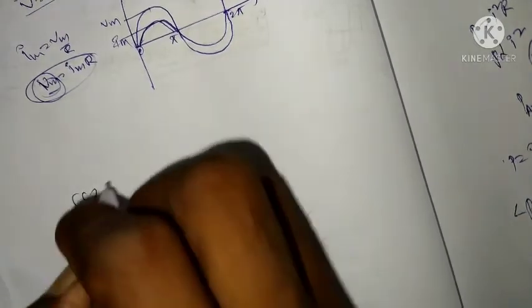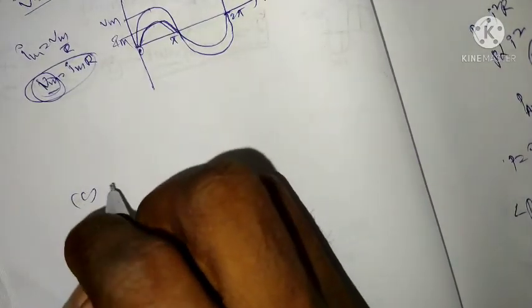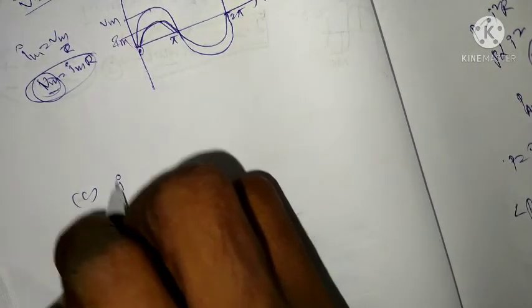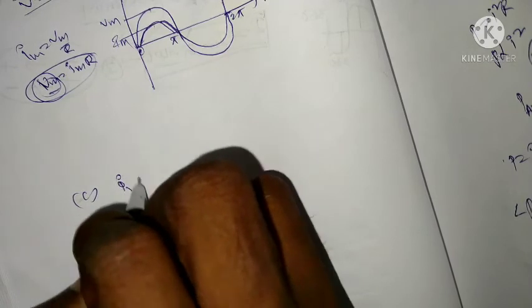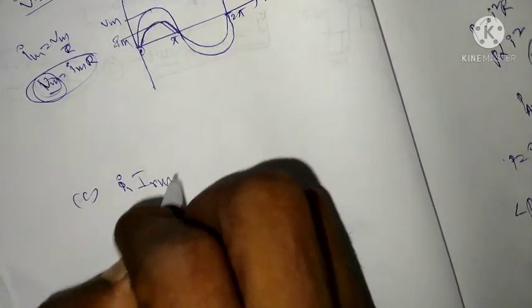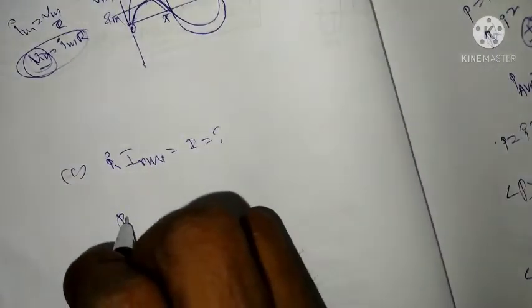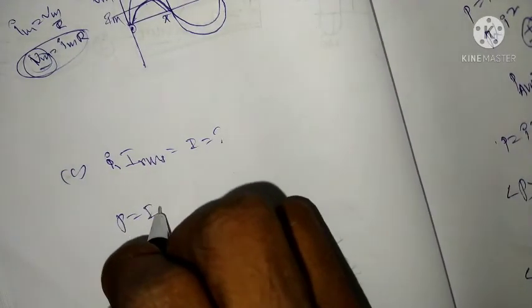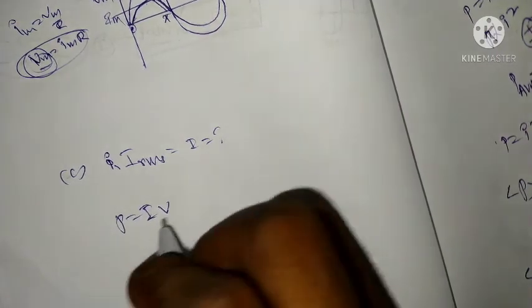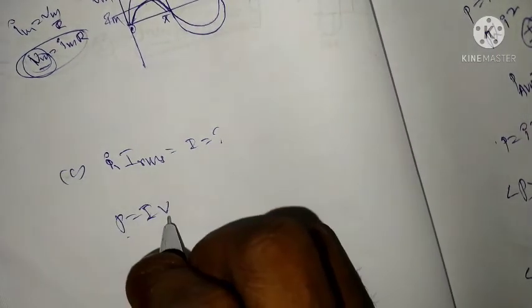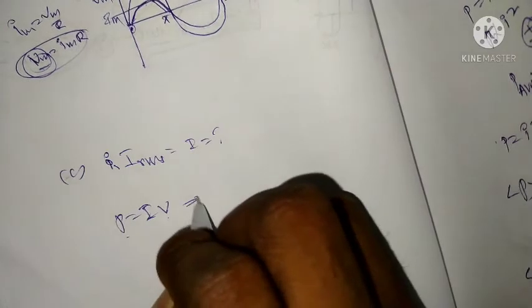Next, what is C? I RMS. What is the relation? Power is equal to I into V. You know power and voltage, so find the current.